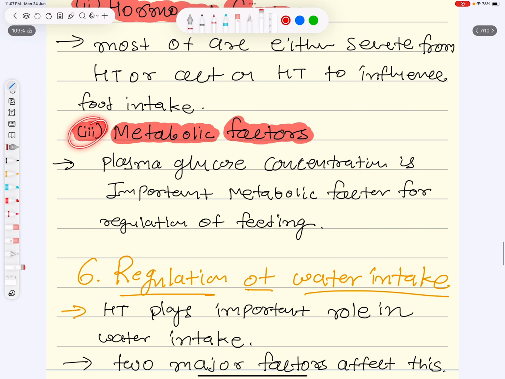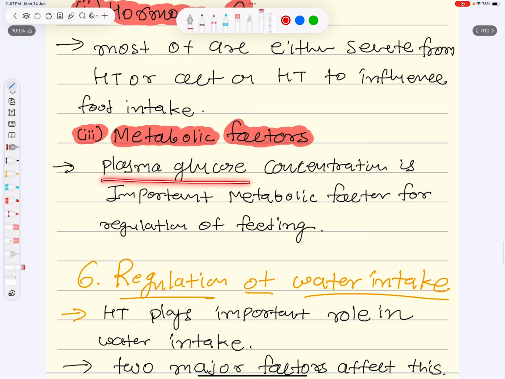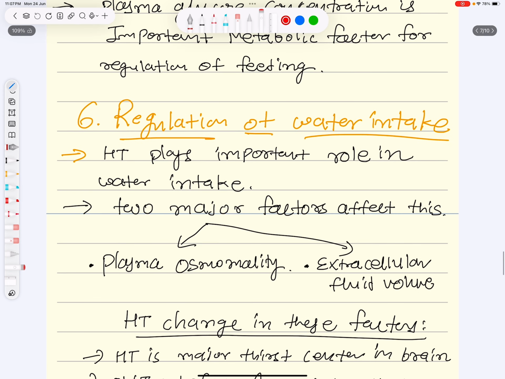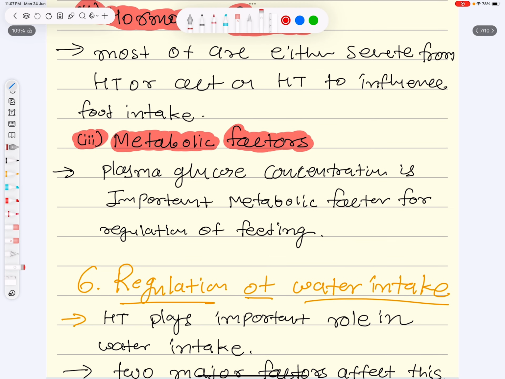The third factor is the metabolic factor. Plasma glucose concentration is an important metabolic factor for regulation of feeding. So the metabolic factor regulates feeding, what we eat.